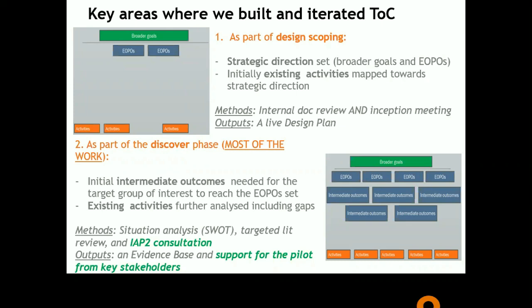We got the timeline, as I said, which was just over one summer, and we got a little bit about the delivery mechanism, which was they wanted it to be a community education program. And we knew the target group of interest, which was these men from cold communities who were rock fishing. So that allowed us to move and gave us a bit of orientation for the discover phase.